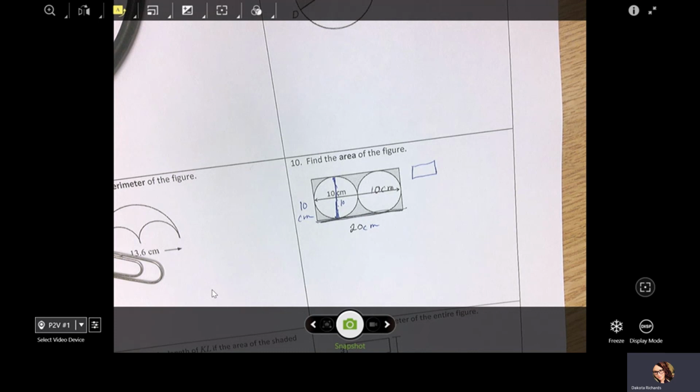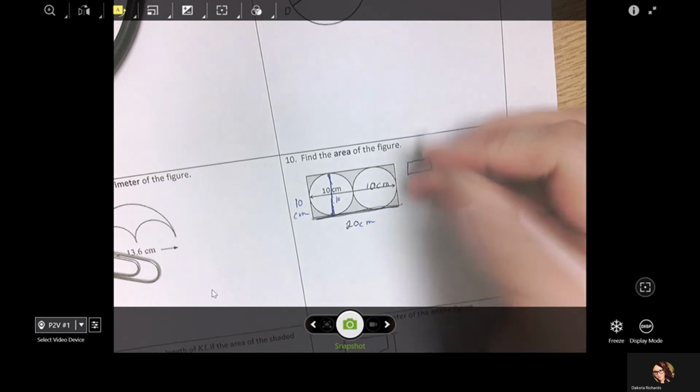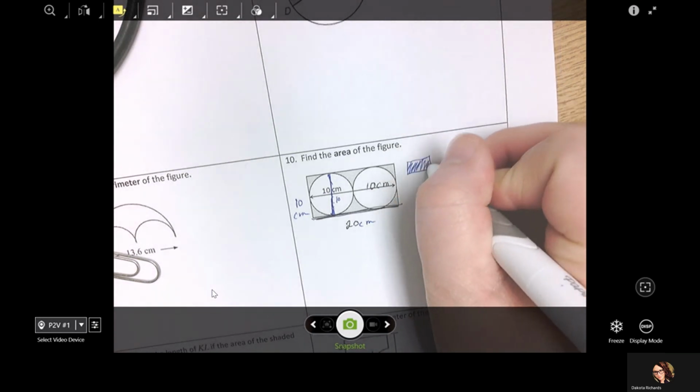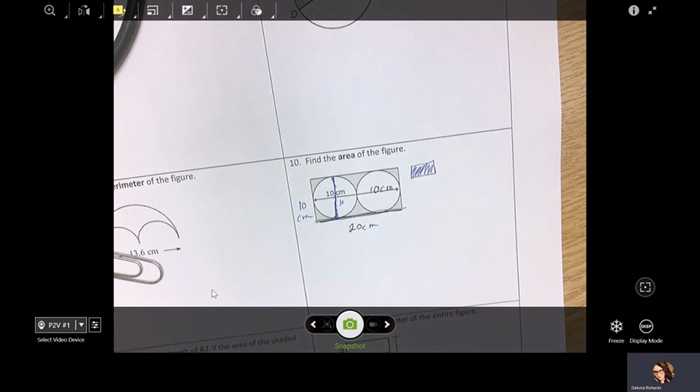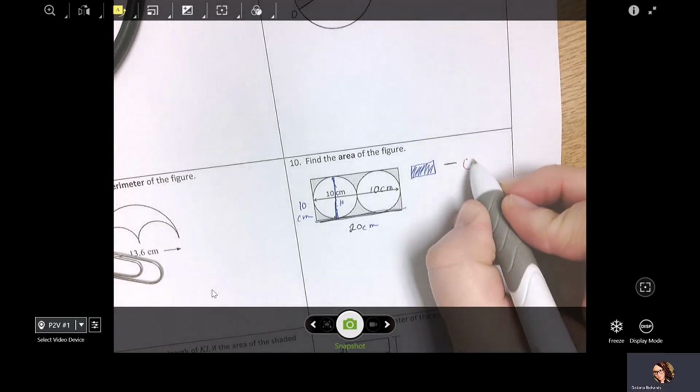So to find the in-between areas, you're going to take the area of the rectangle, you are going to subtract the area of the two circles.